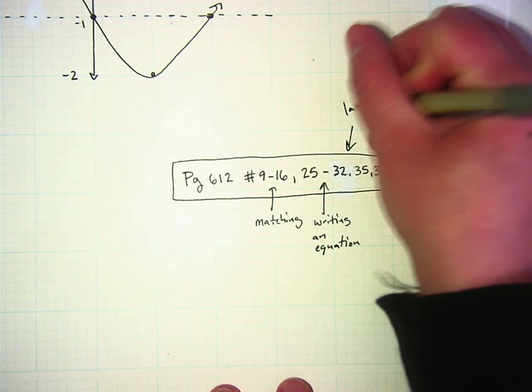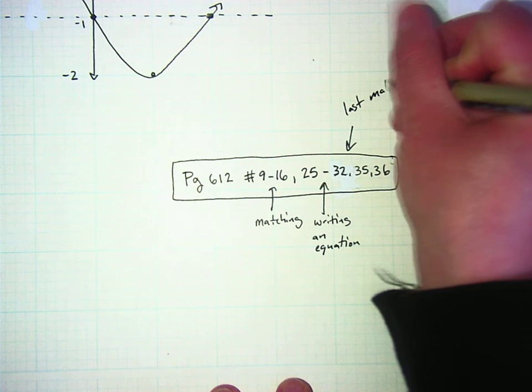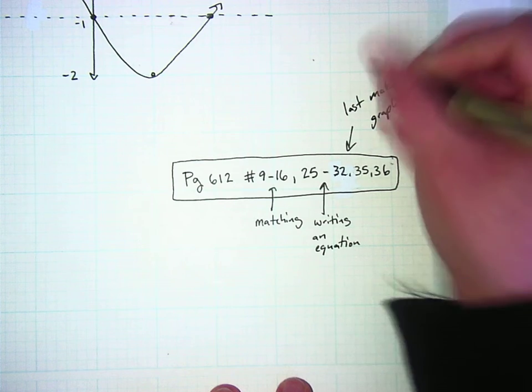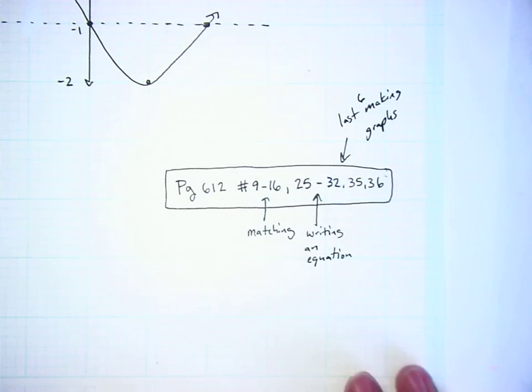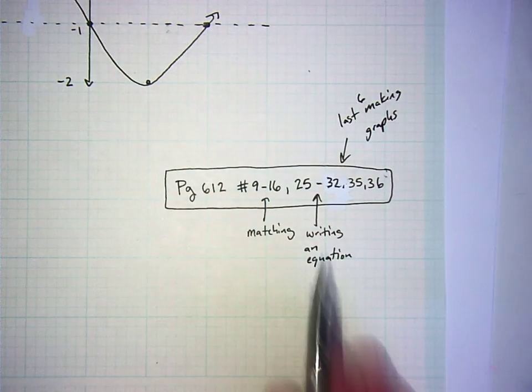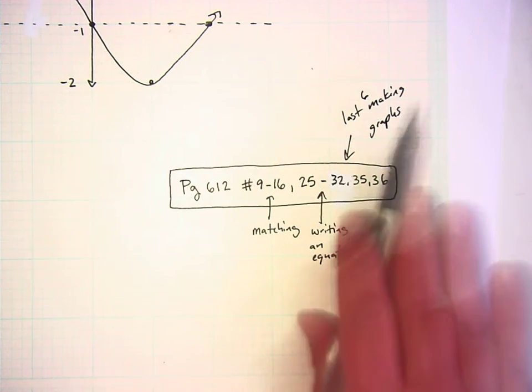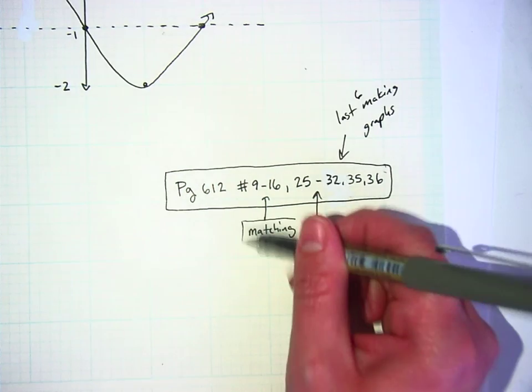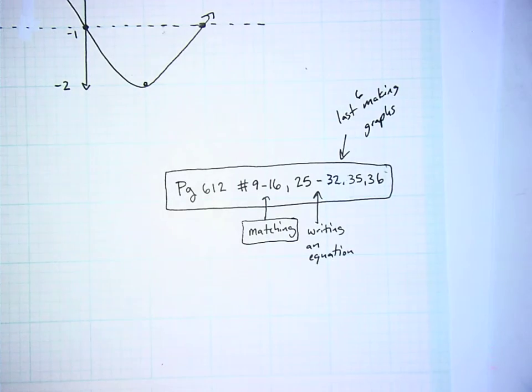And then the last 6 are making graphs. Okay, so the writing equation isn't all of those, but the last 6 are making graphs. So why don't you guys try the matching stuff tonight? Okay, your homework for tonight is just that 9 through 16.